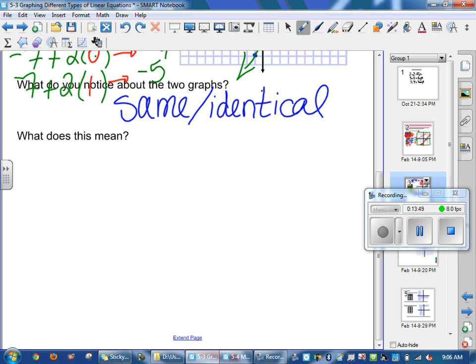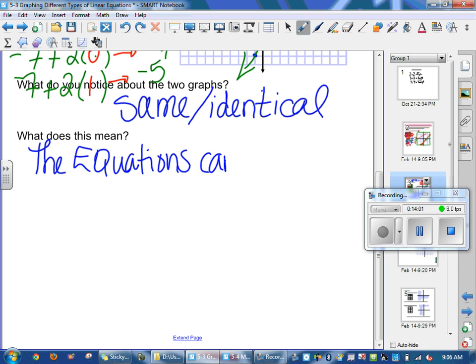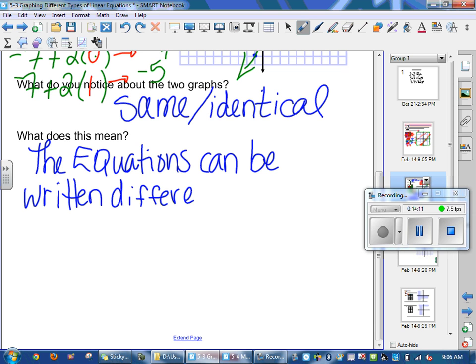So it means the equations can be written different ways and still give you the same graph.